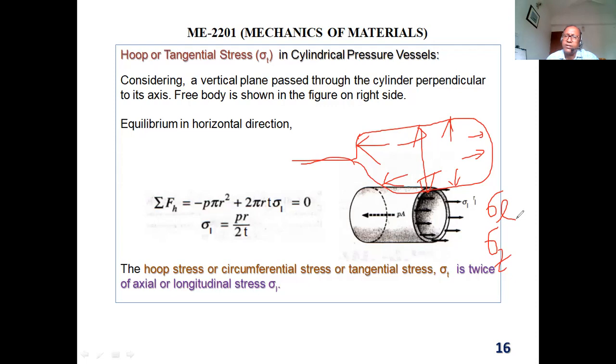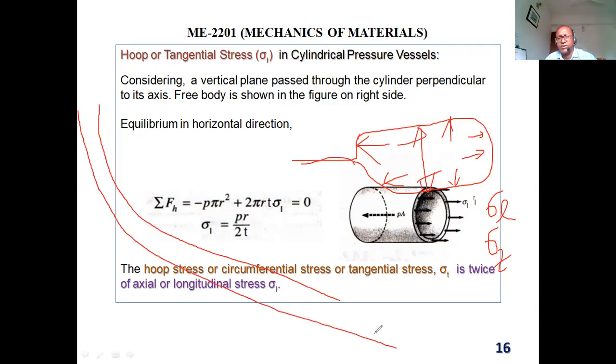We are worried about the increase of diameter or radius, because say you are transmitting a pipeline from Kumilla to Dhaka or Sylhet to Kumilla, then the length of the pipeline will not increase that much compared to the total length, but the diameter might increase a little bit.